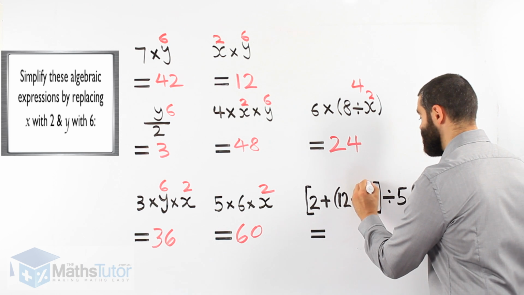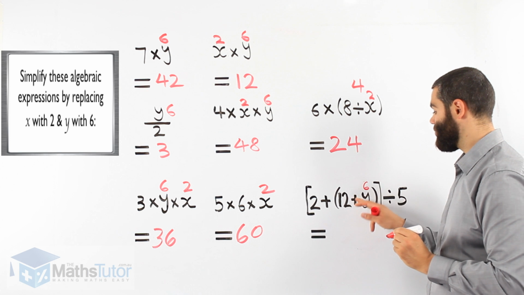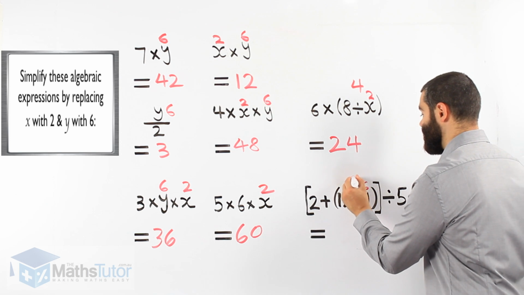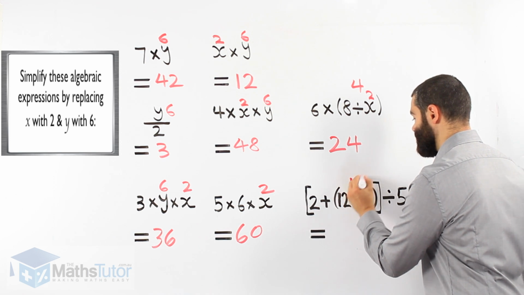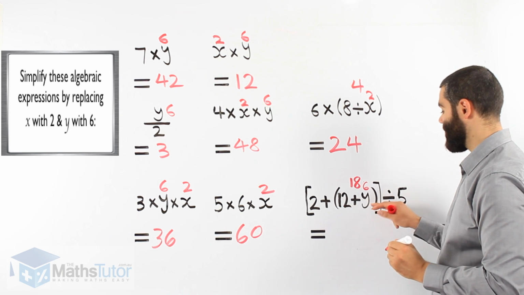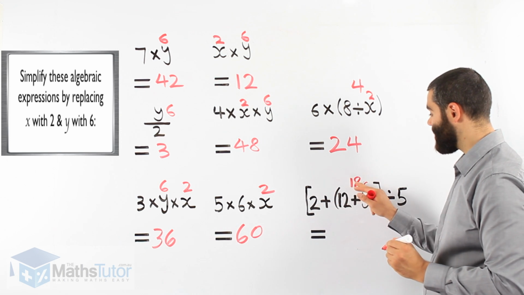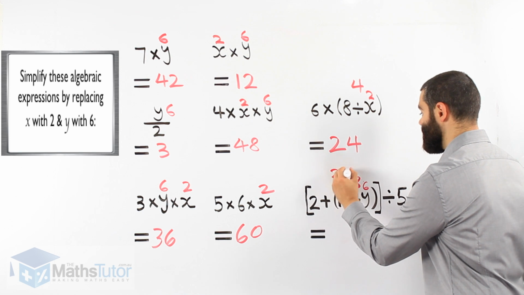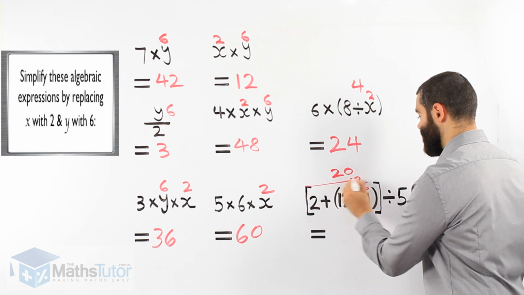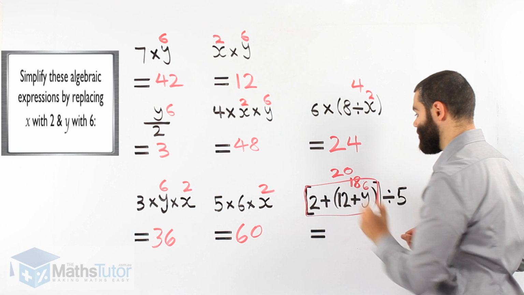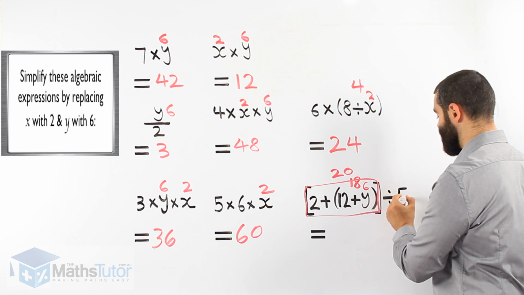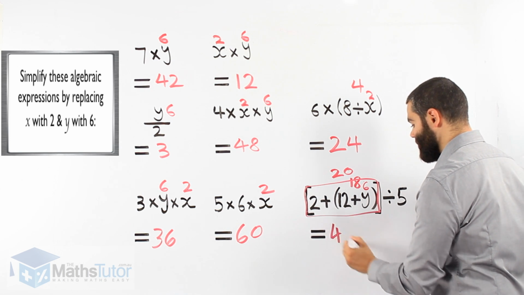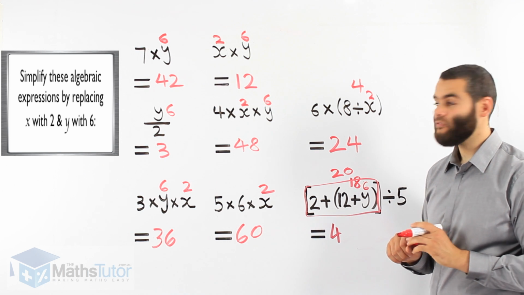Replace the y with a 6. 12 plus 6 is 18. We've completed the bracket inside. 2 plus 18 is 20. That's the answer for everything inside the brackets. 20 divided by 5. Our answer is 4.